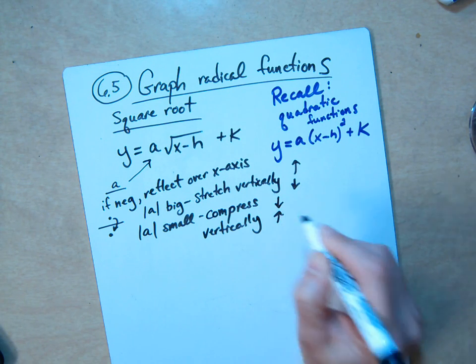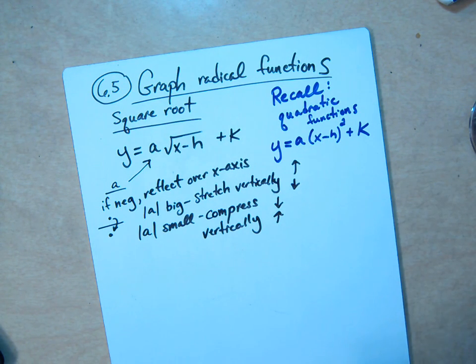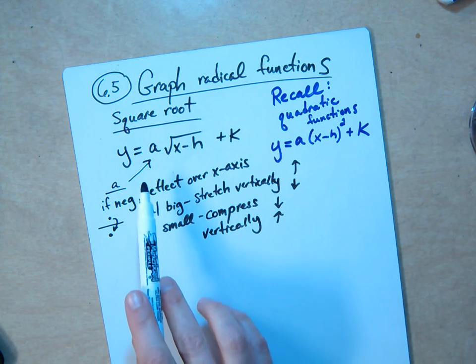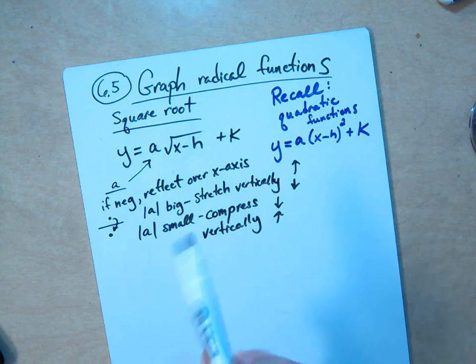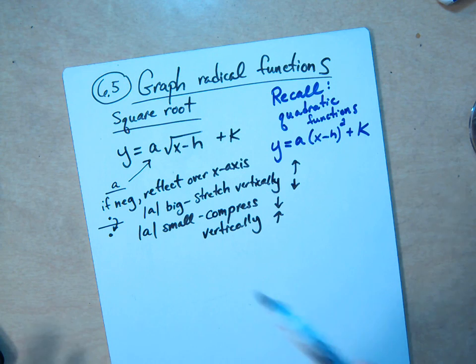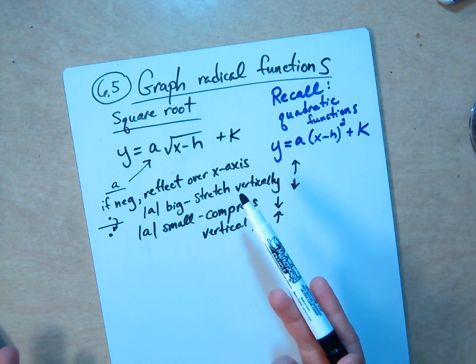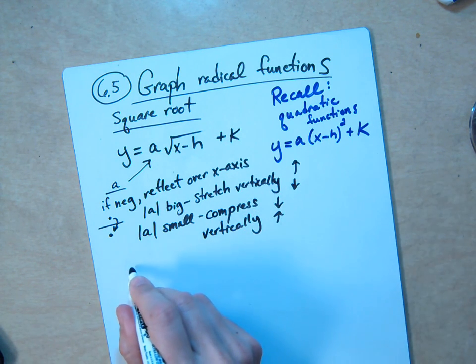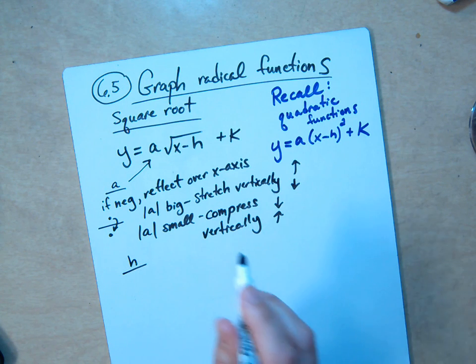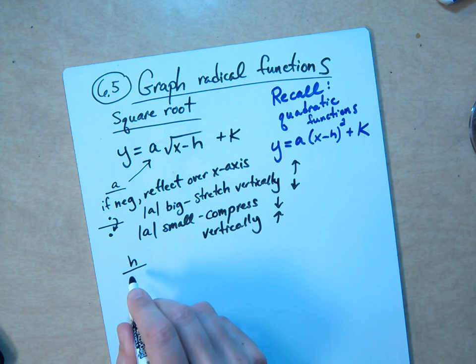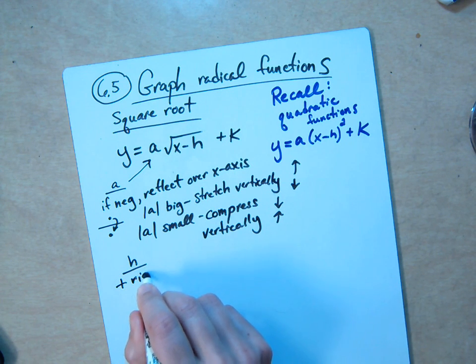So like that, it compresses it vertically. So with a, just by looking at an equation, you can tell a lot about what your end result should be, and I haven't even given you the equation yet. And then of course h is going to tell you, just like before, it translates: if it's positive, you will shift to the right.